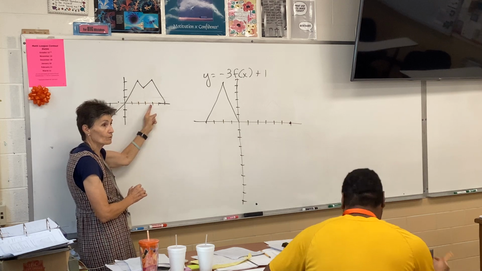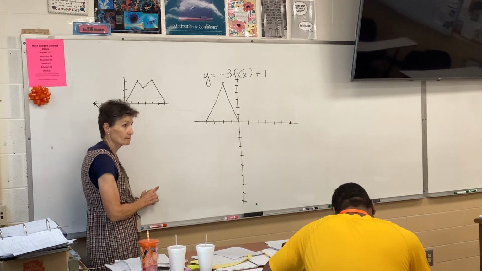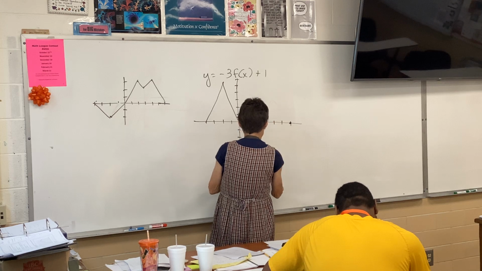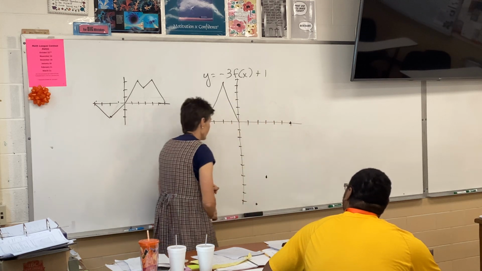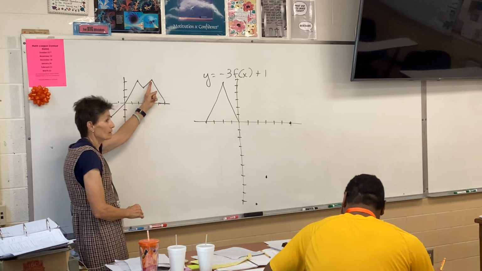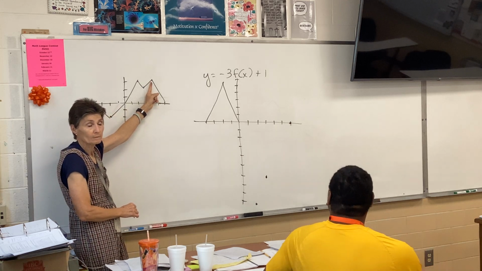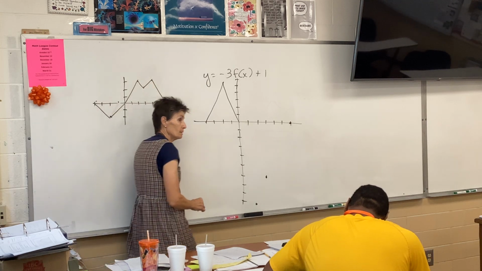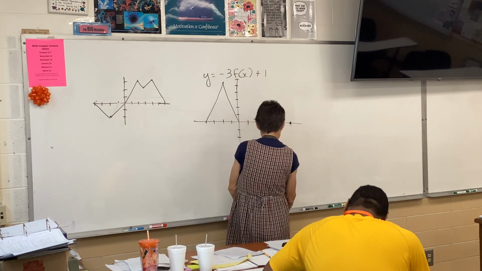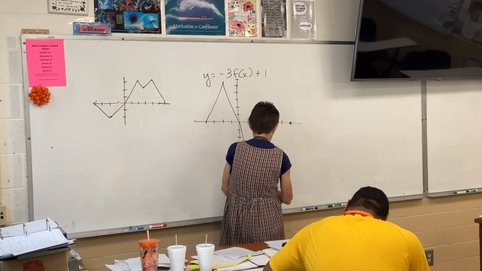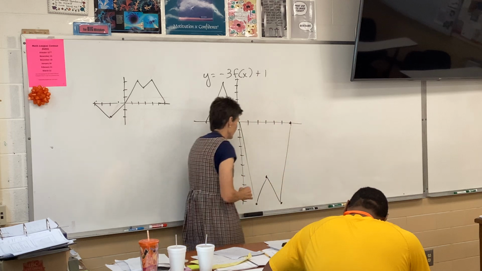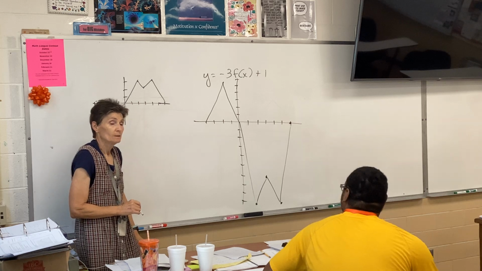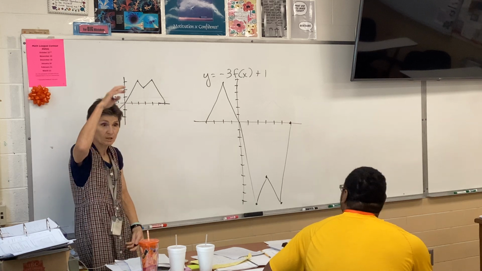So he's going to go over 3, down 6. Over 4, up 3, over 4, down 9. Now we're not done, but we've turned it over and multiplied the height, or stretched it, by a factor of 3.